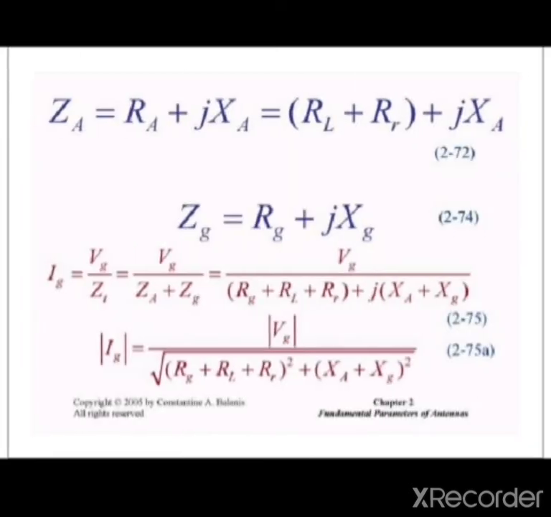So ZA equals RL plus RR plus jXA, where ZG equals RG plus jXG. The generator current Ig is Vg by ZA plus ZG, which is Vg by RL plus RR plus RG plus j(XA plus XG). This is the current flowing through.